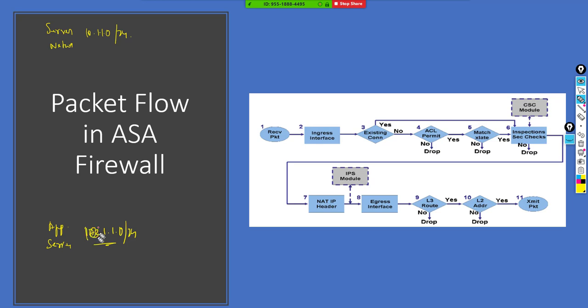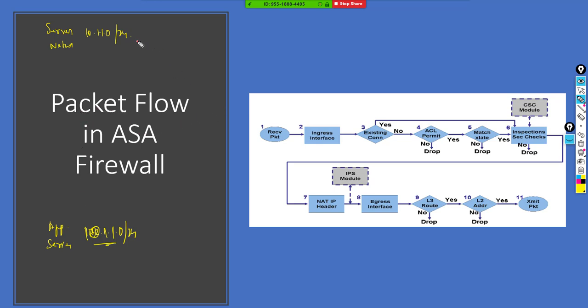Now let's say I don't want them to have connectivity, or I don't want them to be reachable. I just want to allow only those application servers which I want.